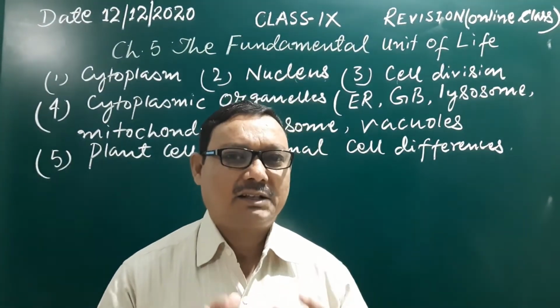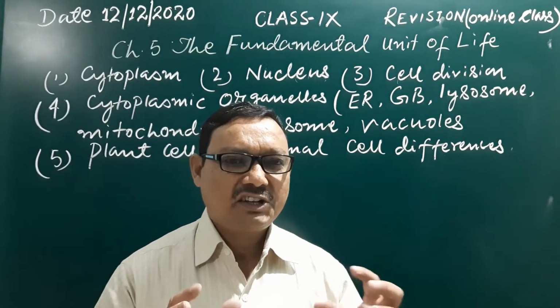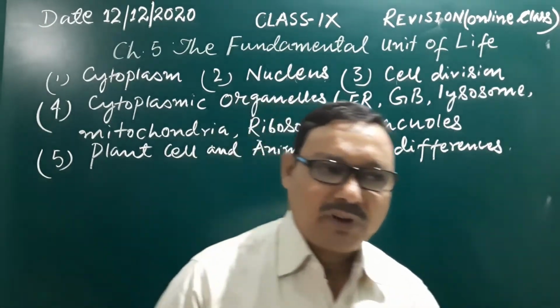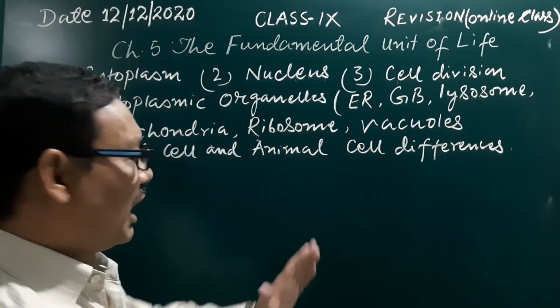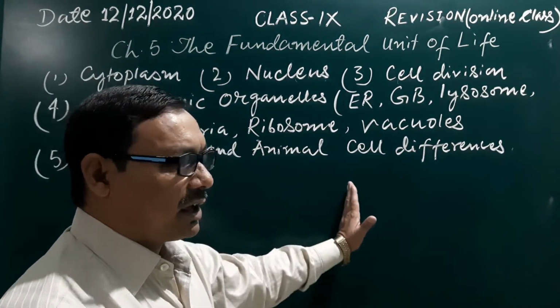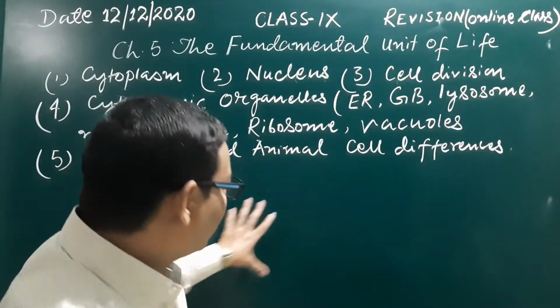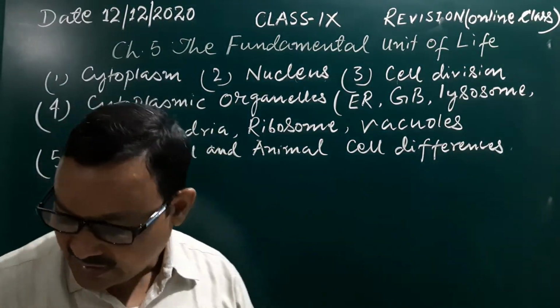What are the things which are present inside the cell? When we talk about the animal cell, then after the plasma membrane or the cell membrane, what will be inside the cell?